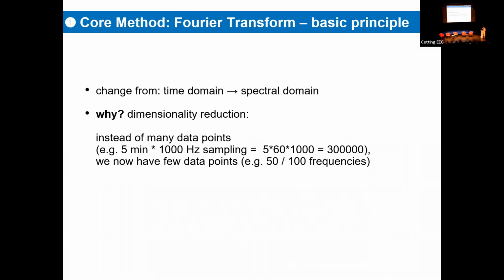Why? We want to reduce the dimensionality of the signal. So instead of our many data points across time, we reduce our data to a few data points, only a limited amount of frequencies. For instance, for EEG, we would only look at, I don't know, 1 to 50 hertz.